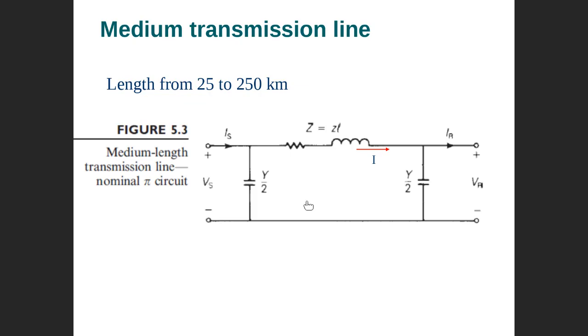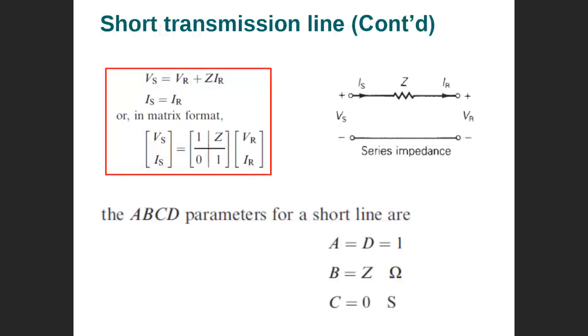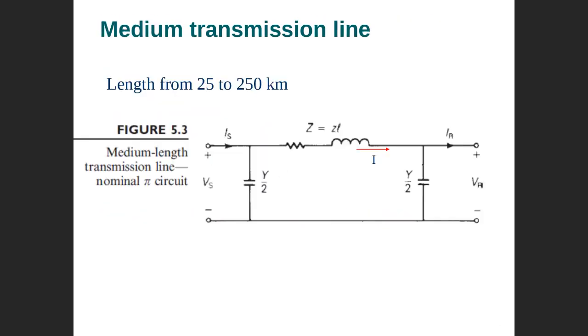Different parameters? Okay, different parameters. So it's a different structure. The short transmission line will look like this, as you can see. Z, but we don't have the branch. And then for the medium transmission line, we added the branches here.